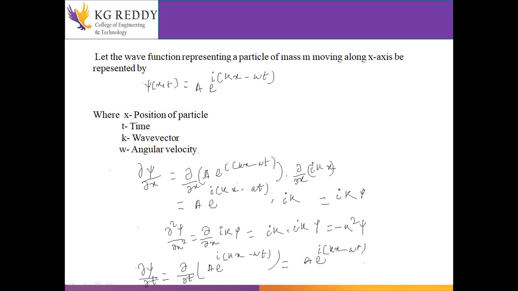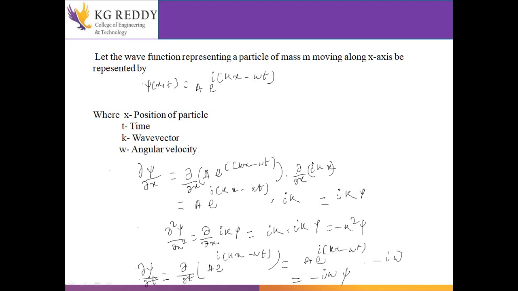The derivative gives minus i omega. This function is psi, so we get minus i omega psi. Is it clear up to this? Del psi by del t.